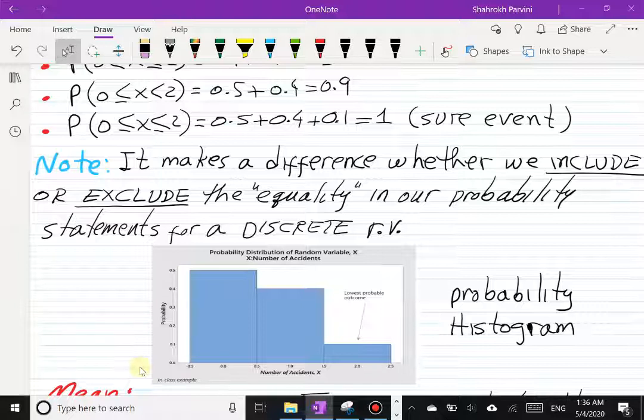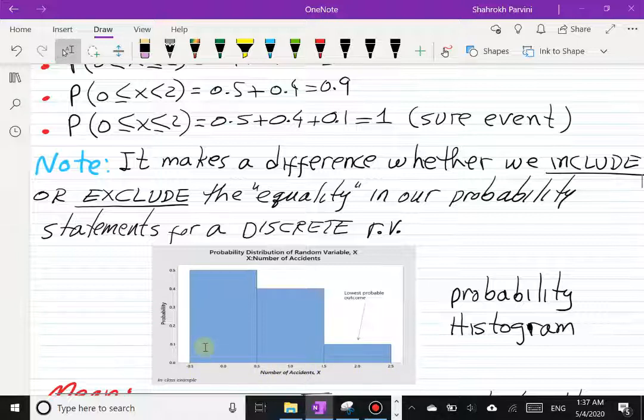Okay, so this is what the probability distribution looks like, the histogram. Each bar represents the value of random variable x. This is 0, 1, 2. Now, personally, honestly, folks, I don't like the way Minitab shows this histogram as connected bars, because you can see 0 to 0.5 here, 0.5 to 1.5, 1.5 to 2.5.